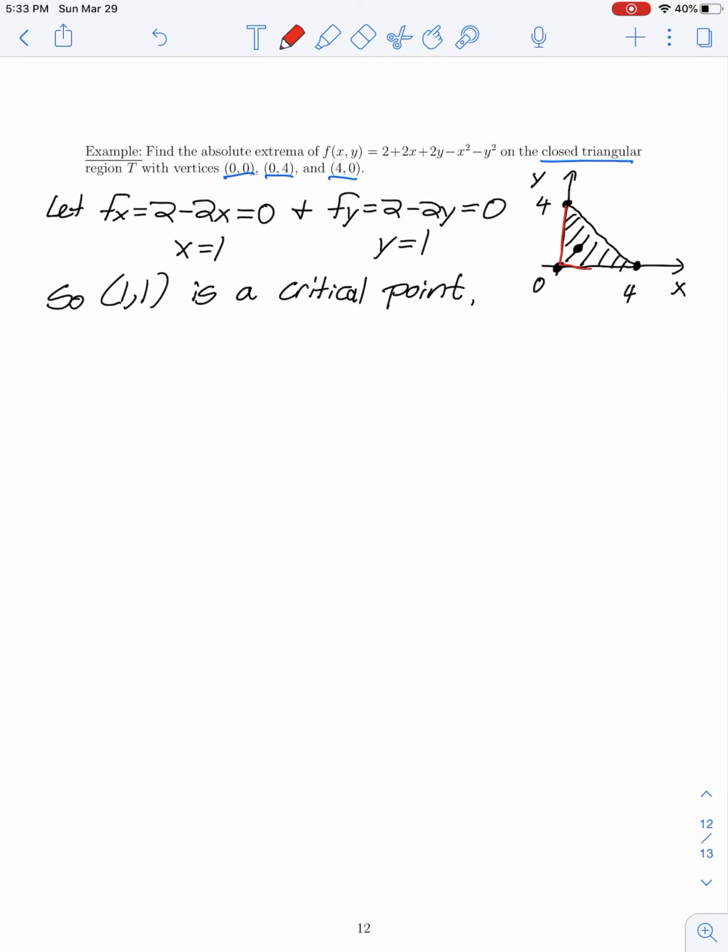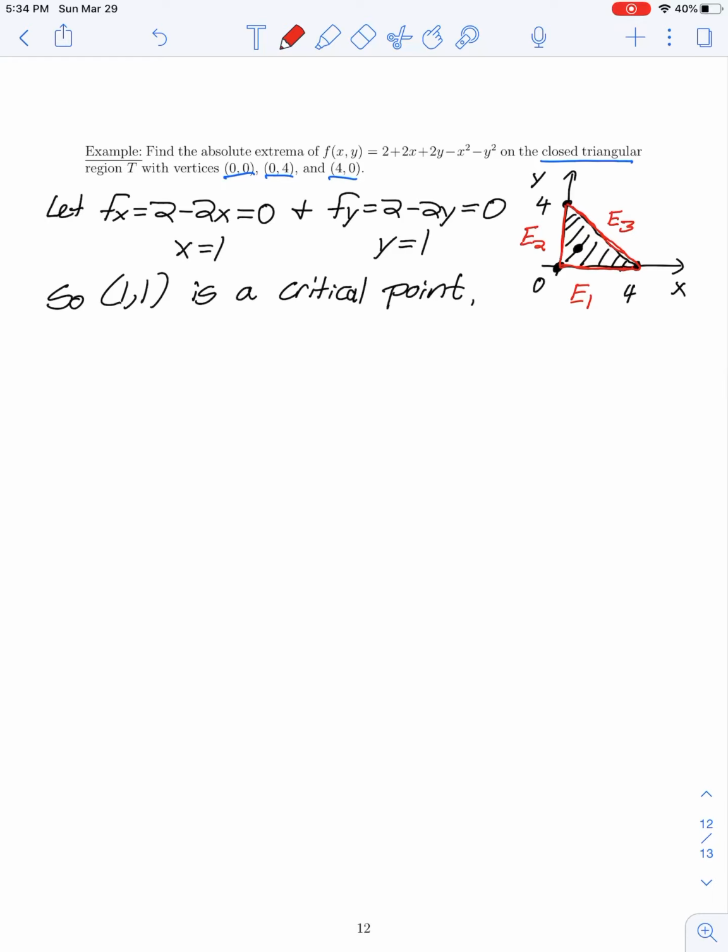Now our next step is to consider the boundary of this region T. For a triangular region, our boundary would consist of the triangle with these vertices, (0, 0), (4, 0), and (0, 4). The boundary of a triangle is made up of 3 line segments or 3 edges.